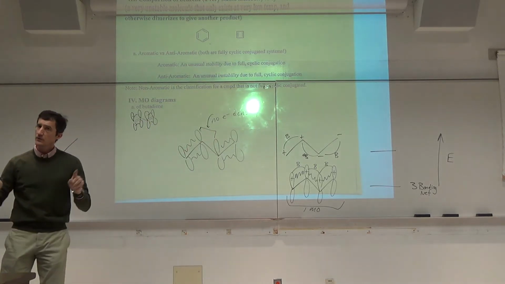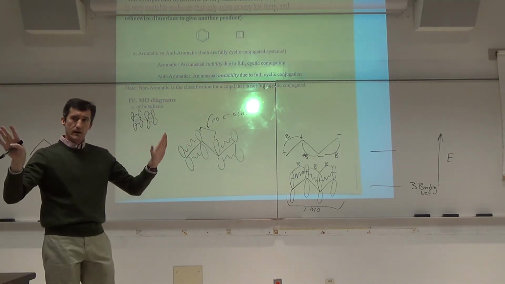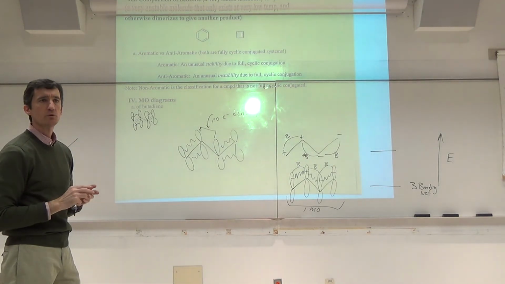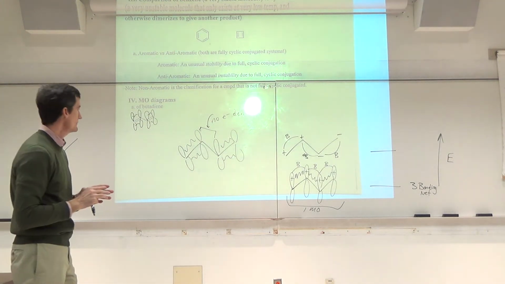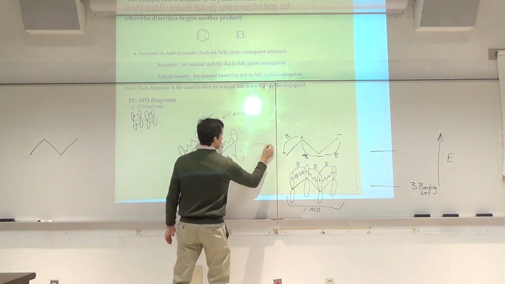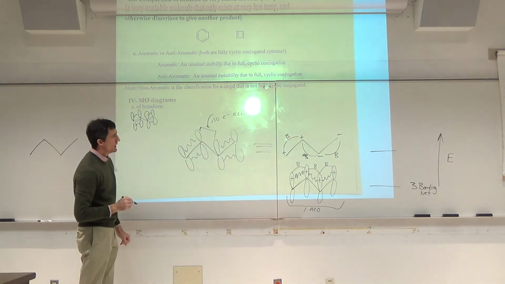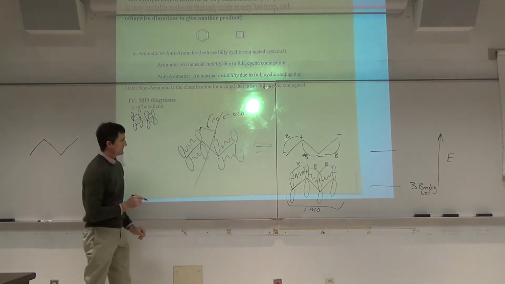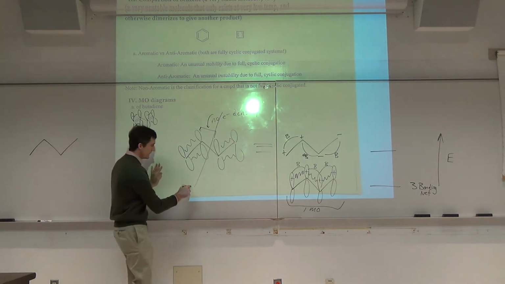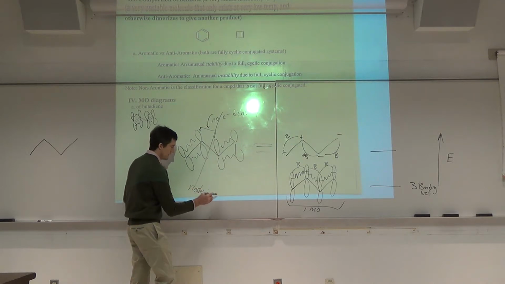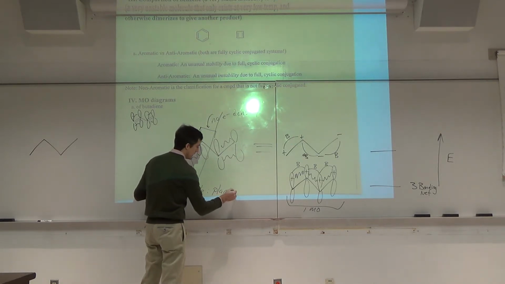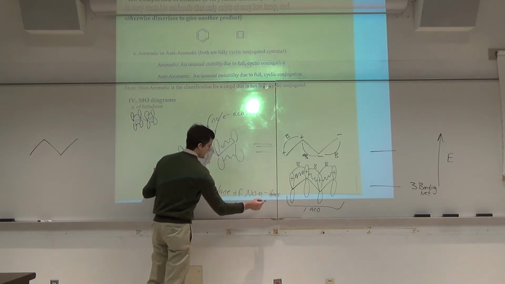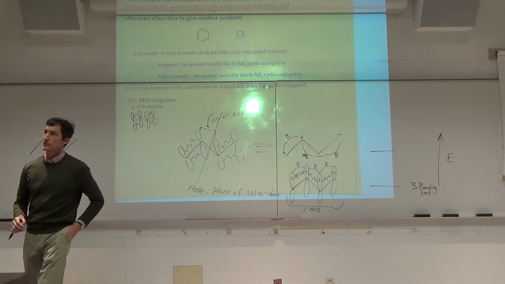It got canceled out because the atomic orbitals were out of phase and they canceled. So there's no electron density there. So that's what this is supposed to be. Now we can actually draw a line through here. And this is called a node. A node is a plane where there's no electron density.